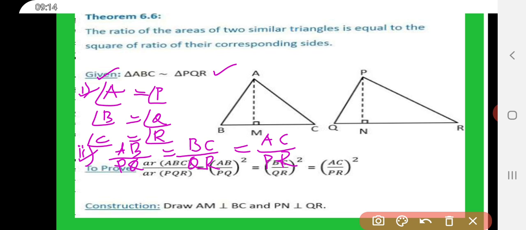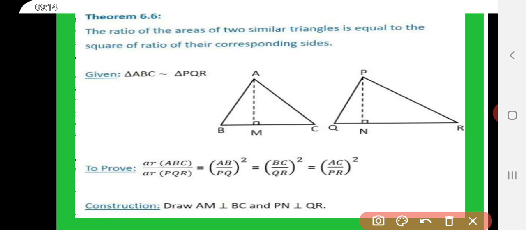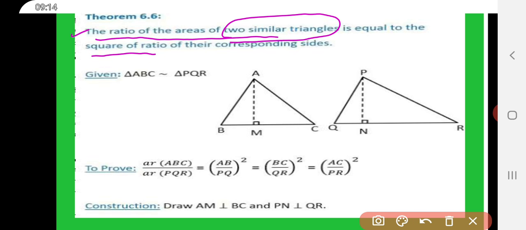Now we have to prove the ratio of the areas of two similar triangles is equal to the square of the ratio of their corresponding sides.